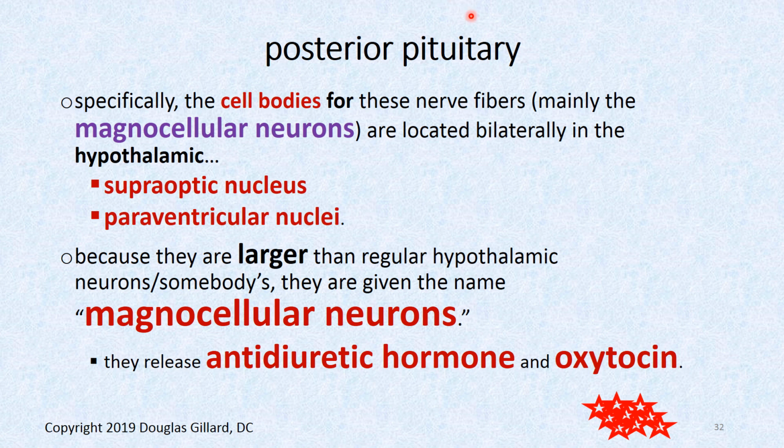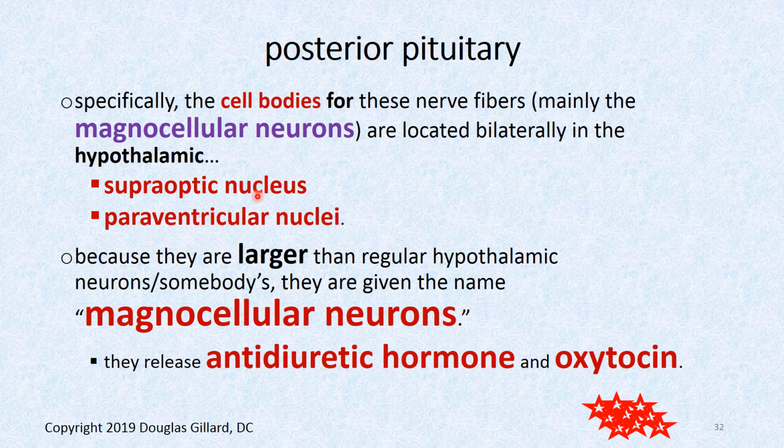So with regard to the posterior pituitary, who makes the hormones from there? Well, there are two nuclei. Mainly, they're made from magnocellular neurons, which are really big, located in two places. The supraoptic nuclei and the paraventricular nuclei have these.